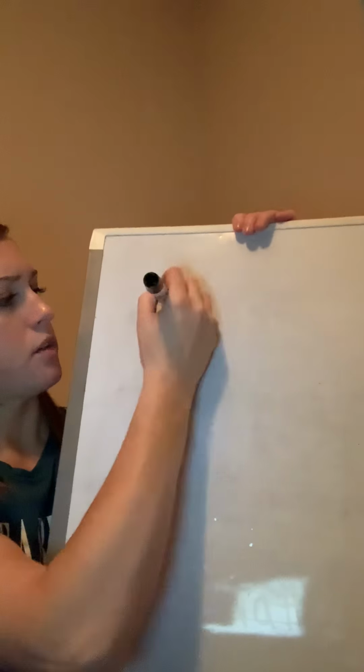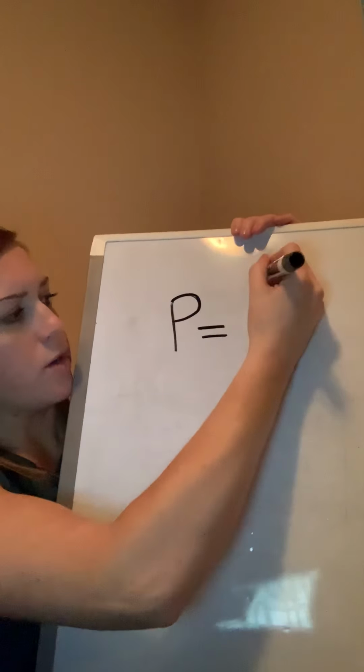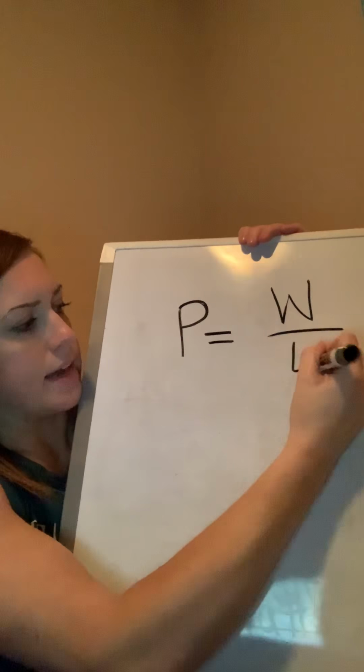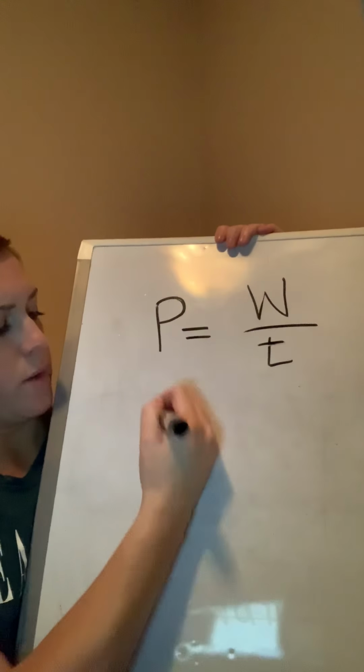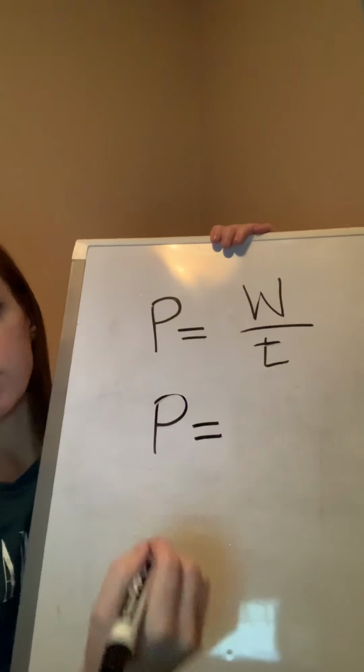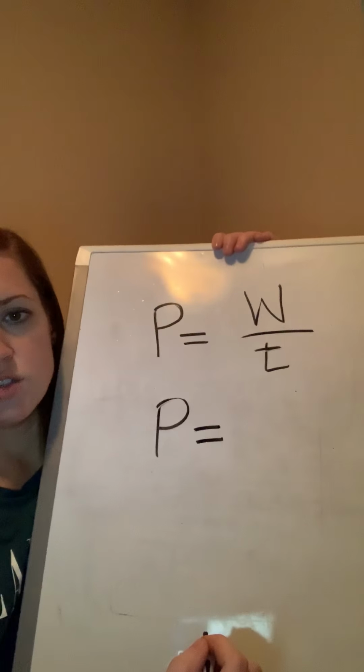So we are determining power. For power, we only need work and time. So we will not use all 4 of those values. We will just use work in joules.